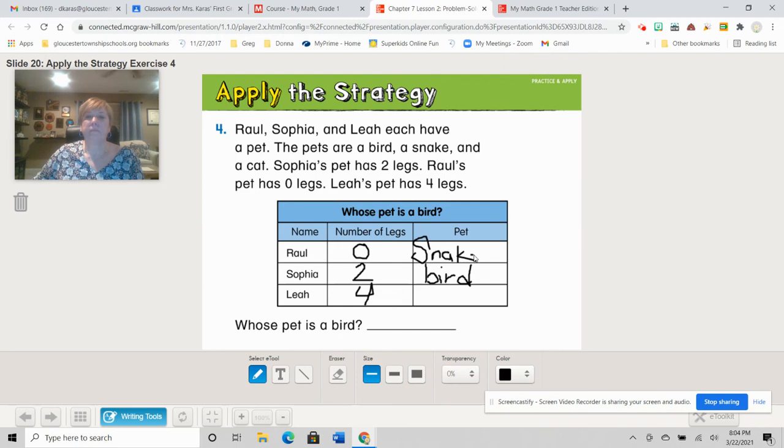Now, this one, it's pretty easy. We went through the rest. Figure out what pet Leah has. Look back in here. And then the answer is whose pet is a bird. So you have to print one of the children's names here. So pause, finish the pet, and who has the pet bird. And then come back and check your answer.